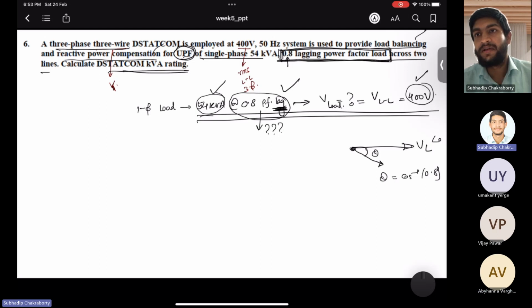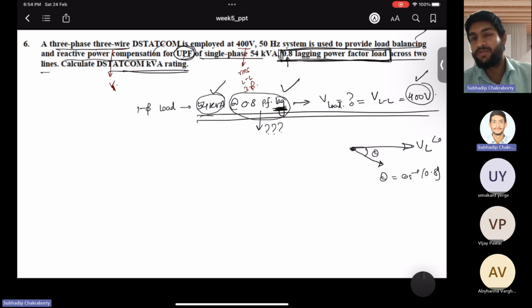So it is not meant for providing any active power, because here you are only doing load balancing, which is virtually reshuffling the loads and making it appear to the lines as of equal loading. Just like we discussed, nothing is fed by the DSTATCOM in terms of active power. In terms of reactive power, why is it needed? Because you have a lagging load for which you need reactive power.